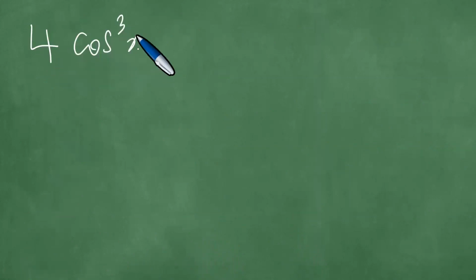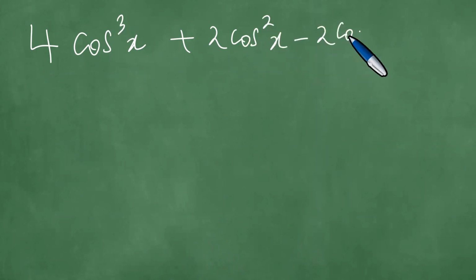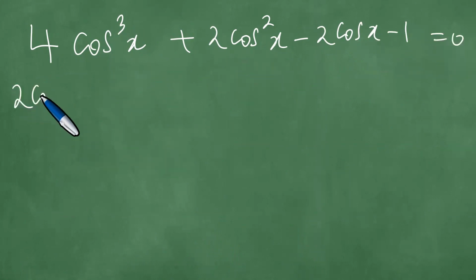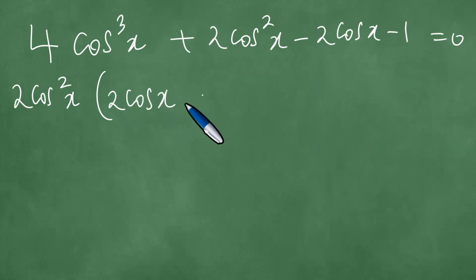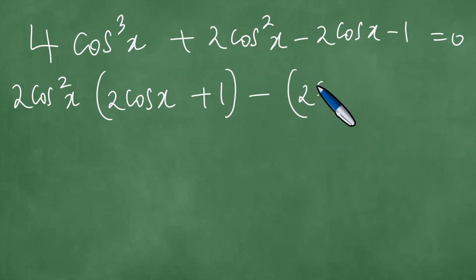So this is 4 cosine cubed x plus 2 cosine squared x minus 2 cosine x minus 1 equals 0. 2 cosine squared x is the common factor amongst the first two terms, so that we have 2 cosine x plus 1, and we factor out a negative from the last two terms, so that we have 2 cosine x plus 1.